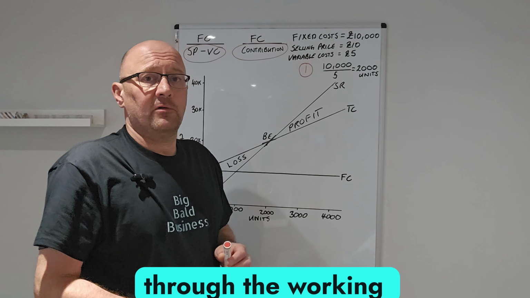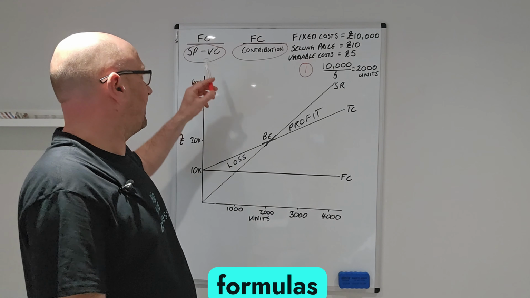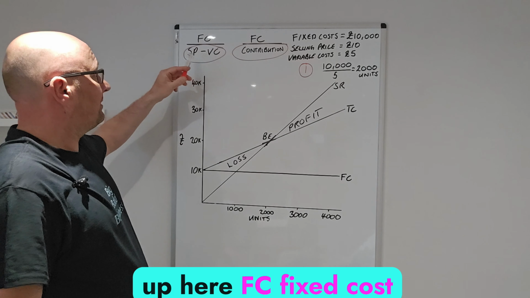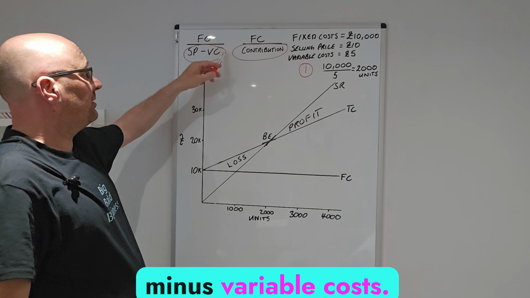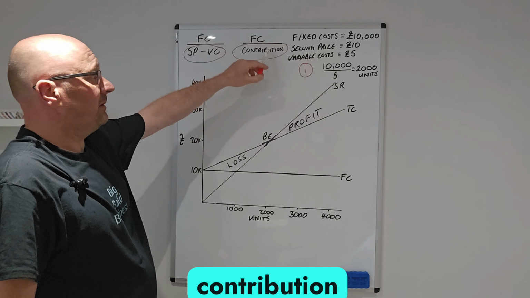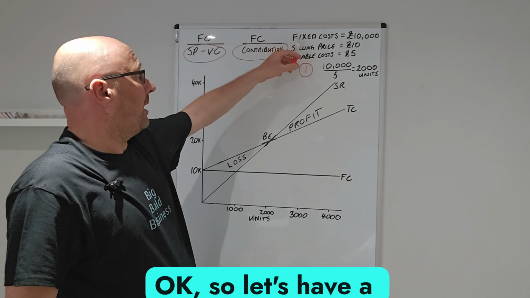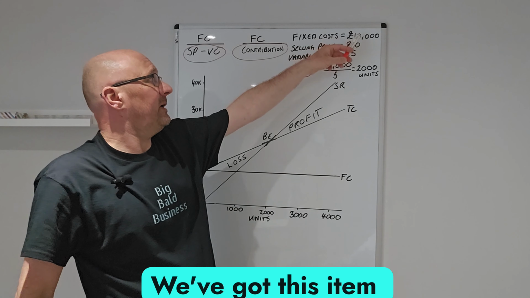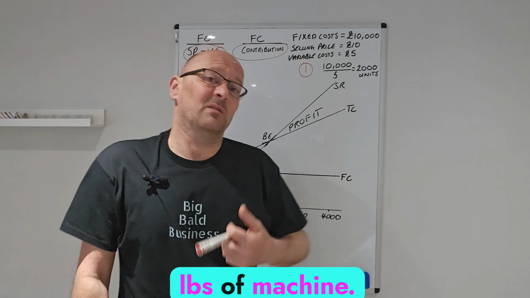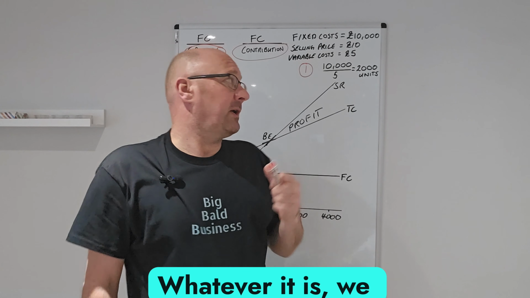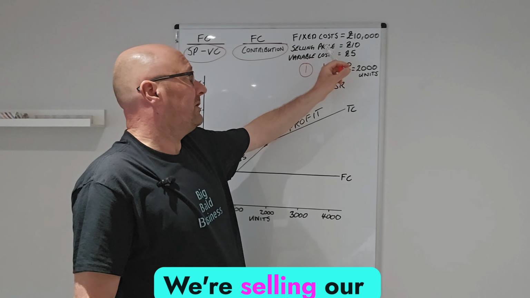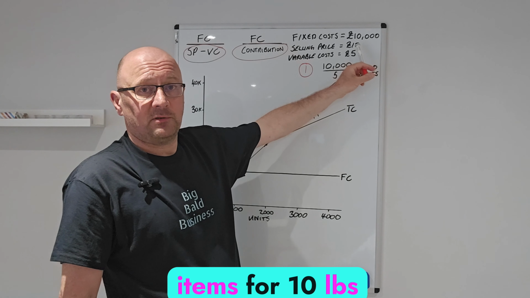Okay, so let's go through the working out. Like we said, the formula's up here. FC, fixed cost, divided by selling price minus variable cost. That is also known as contribution or contribution per unit. Let's have a look up here. We've got this item here, fixed cost £10,000, a machine, whatever it is. We buy it for £10,000. We're selling our items for £10.